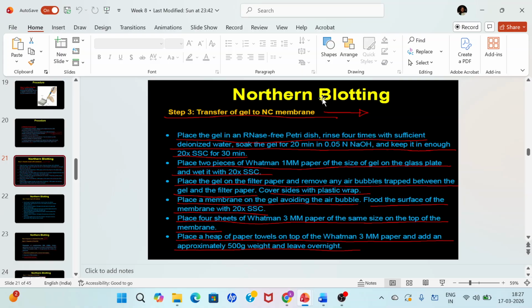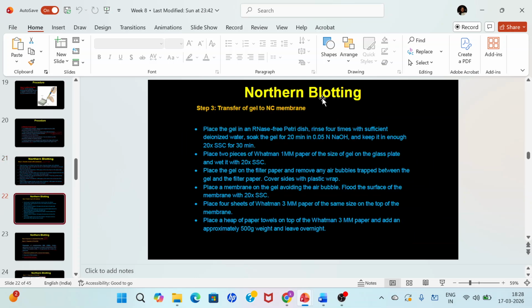It shouldn't come in direct contact with any surface which can have RNases present on it. So for that, Whatman paper should be there. Also, the air bubbles trapped inside should be removed completely. Then the buffer should be transferred and all of these steps. So basically the transfer of the gel to the NC membrane should be done under the denaturing condition and the DEPC condition.